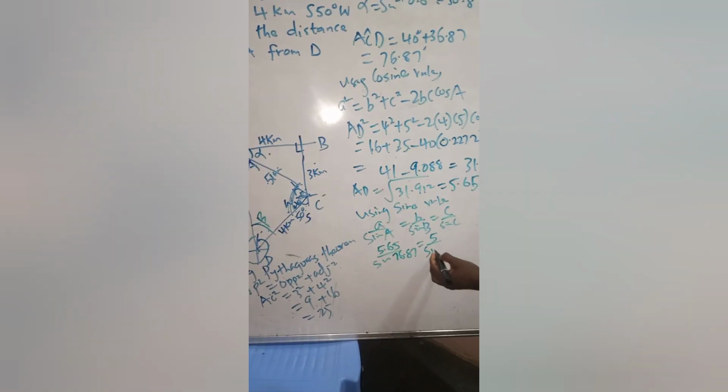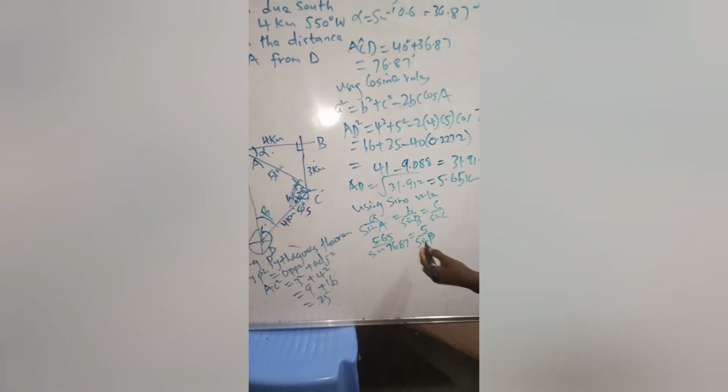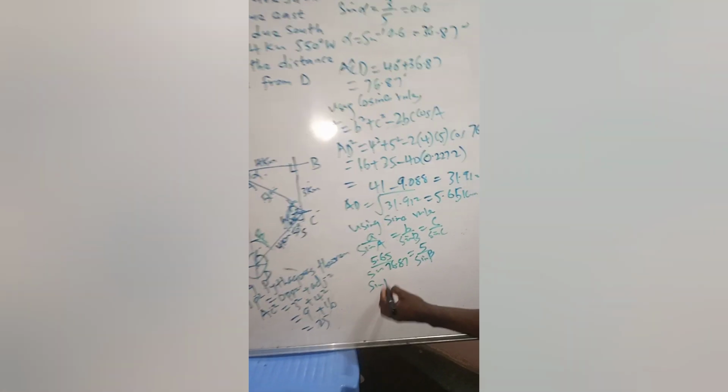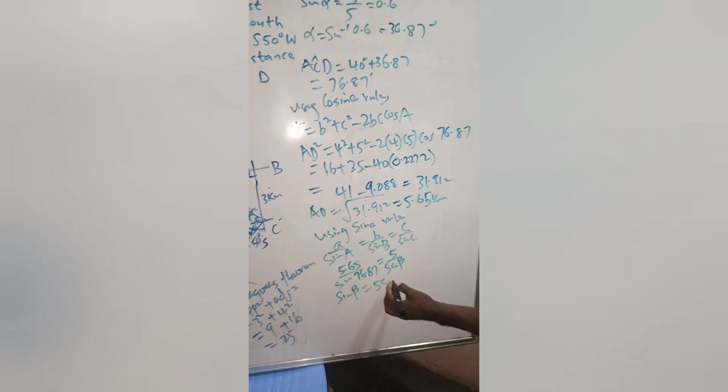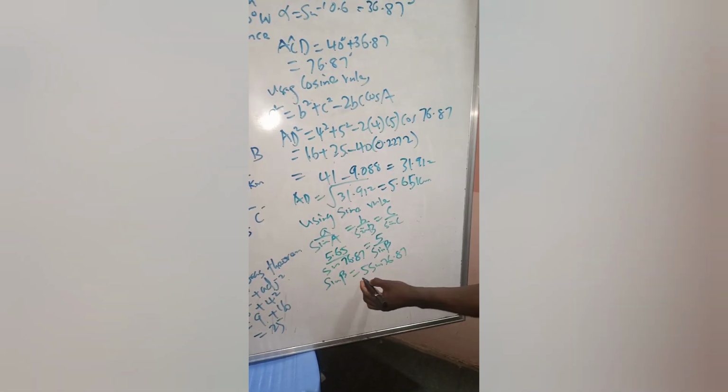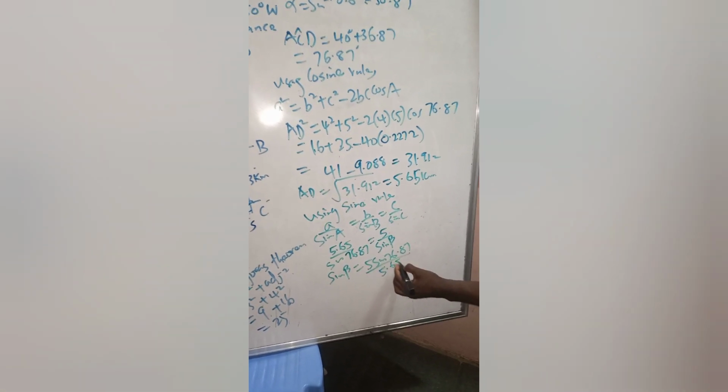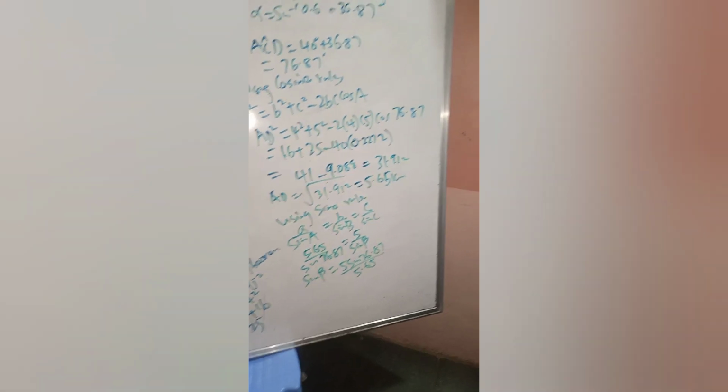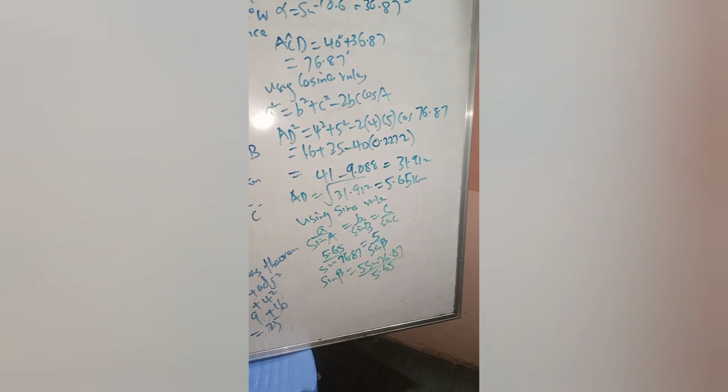When you cross multiply, sine beta is 5 sine 76.87 over 5.65.